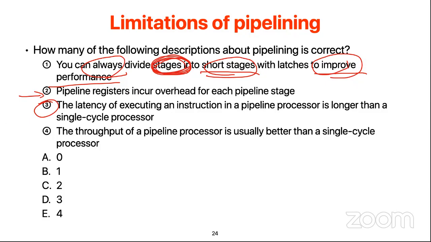So it may not be shorter if the stage is already shorter than the pipeline stage for the pipeline register. So the first statement, from the hardware perspective and the overall perspective, may not be right. But the rest of them are correct.